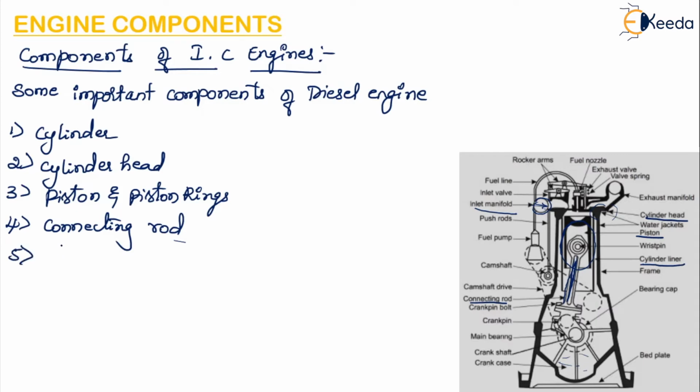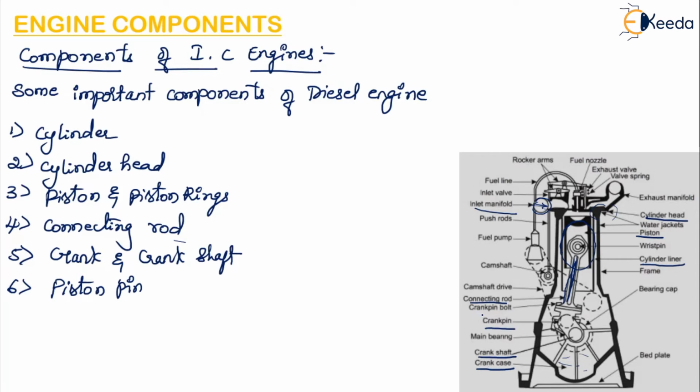Then there is crank and crankshaft. Then there is piston pin. So this is the crankshaft. There is a crankcase. There is a crank pin. Okay, so crank pin bolt.